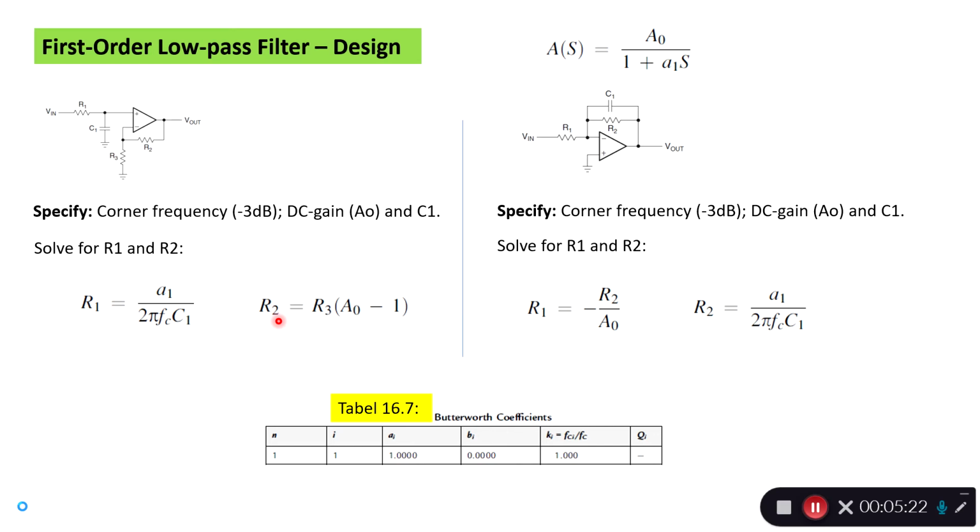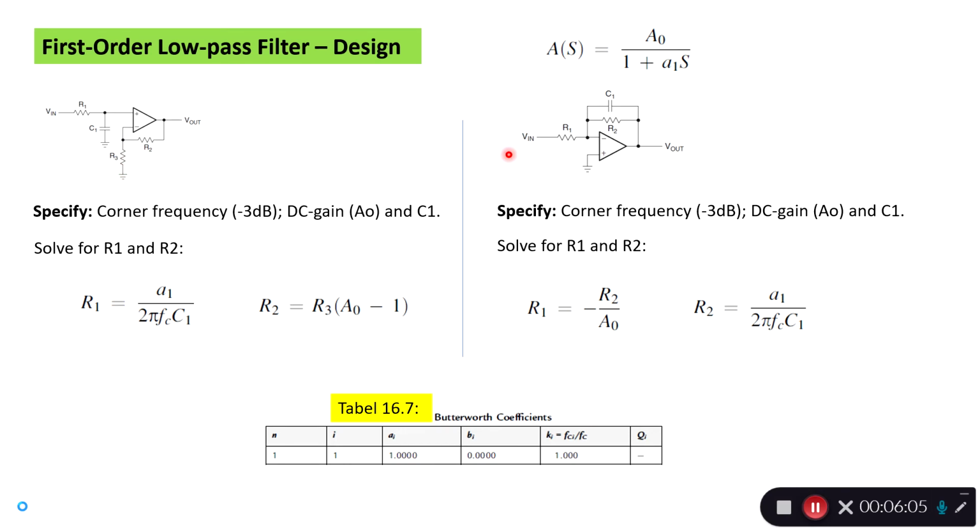Then after that, based on our requirement for the passband gain, we select that size, subtract the 1, and multiply by R3, and R3 is one we have to select. So we can then calculate R2. A good selection for R3 can be anything between 100 ohm and 1 megaohm, but here I think 1 kilohm would be fine.